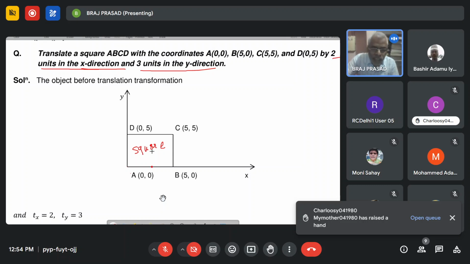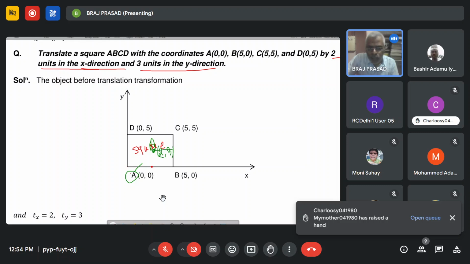If A is shifted here by x in 2 units and y in 3 units, then in x direction it becomes 2, and in y direction it becomes 3.